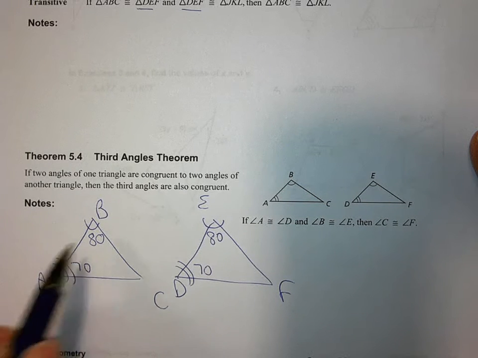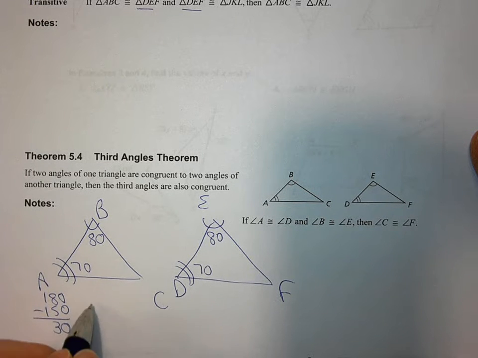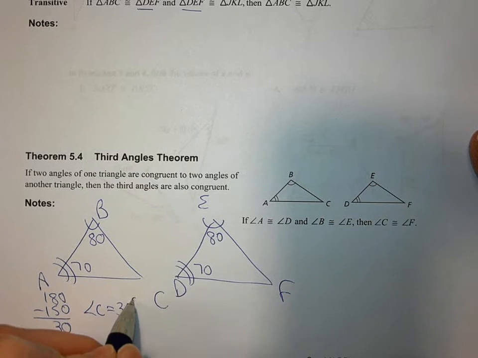So if I add my 70 and 80, I get 150. So 180 minus 150 is 30 degrees. That makes angle C equal to 30 degrees.